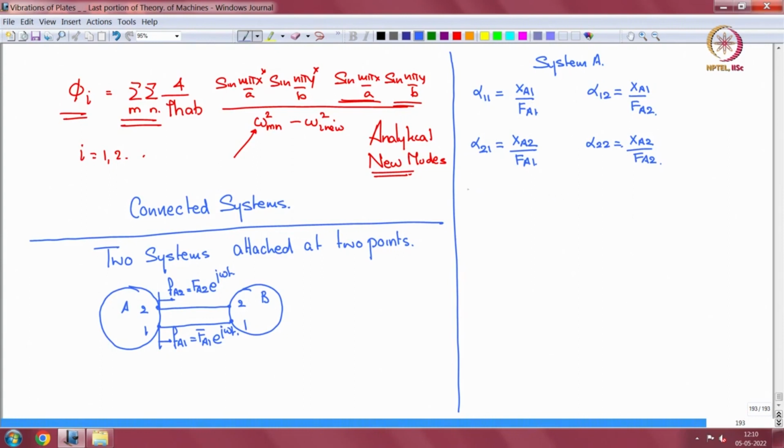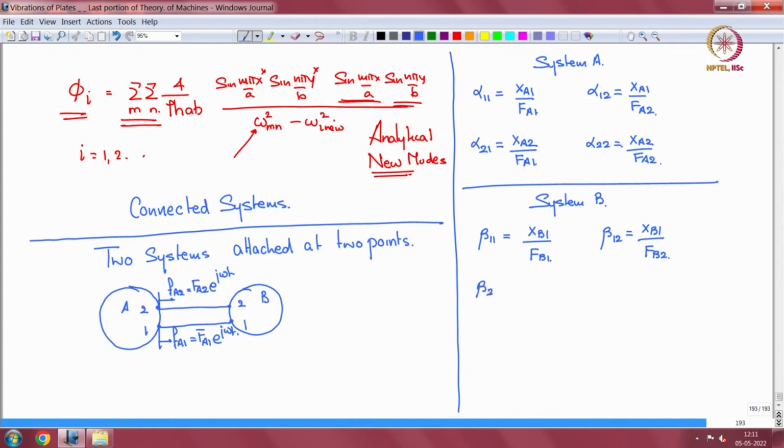Similarly, for system B, what do we have? We have beta 11 as XB1 by FB1, and beta 12 is equal to XB1, response at 1 by force at 2, harmonic force.